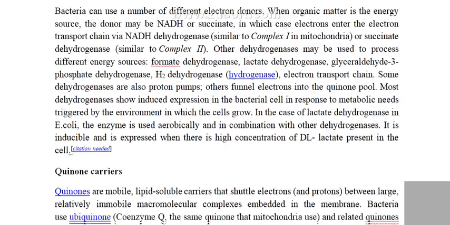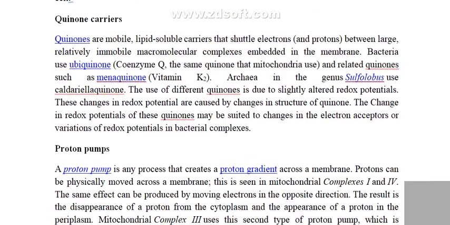Now, what are quinones? They are mobile lipid soluble carriers, and they shuttle electrons or protons between the large, relatively immobile macromolecules like complex 1, complex 2, complex 4 and complex 3.